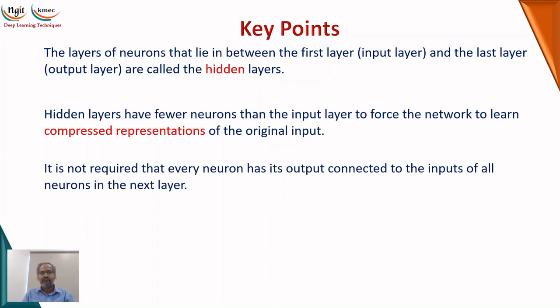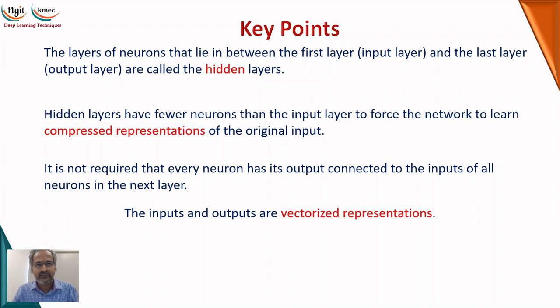And it is not required that every neuron of the current layer be connected to every neuron of the other layer. There is no rule for that. Deciding which neurons of the previous layer should be connected to the neurons of the next layer is an art, and we will get it with experience.